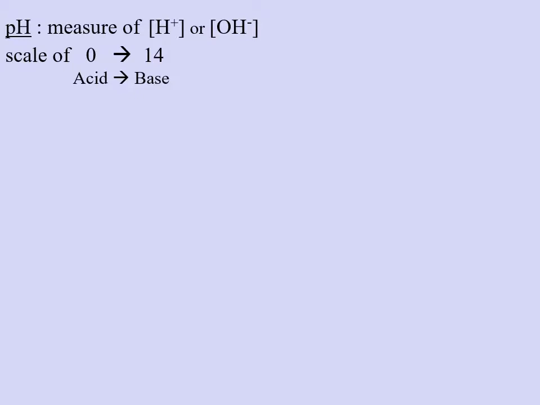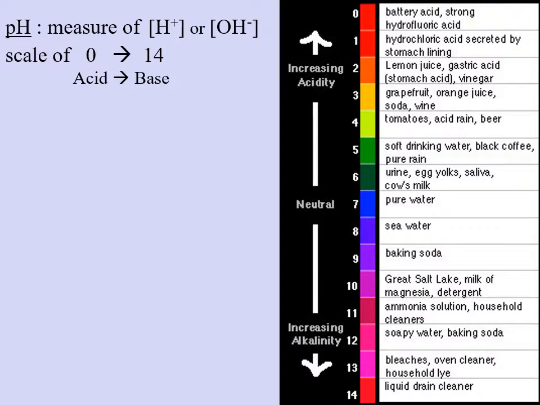We measure the strength of acids or bases by what we call the pH scale. The pH scale runs 0 to 14. So here's an example. If you go 0 to 14, your natural middle area is 7, and that is where the amount of hydrogen plus is equal to the amount of hydroxide.